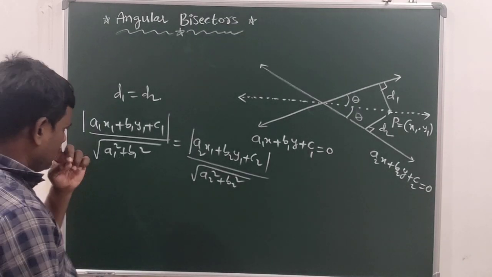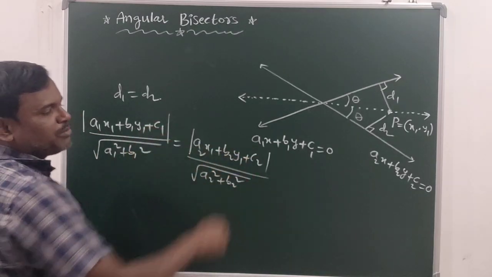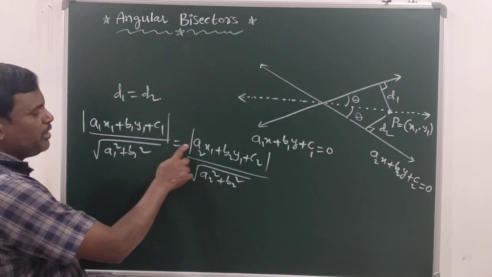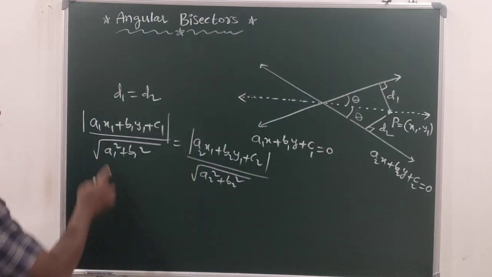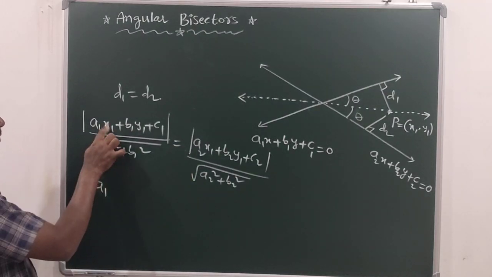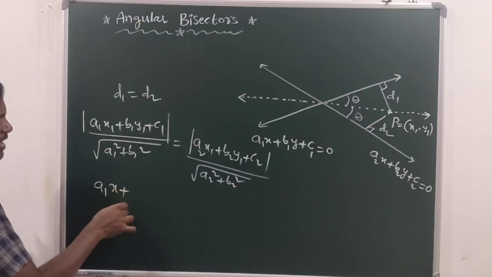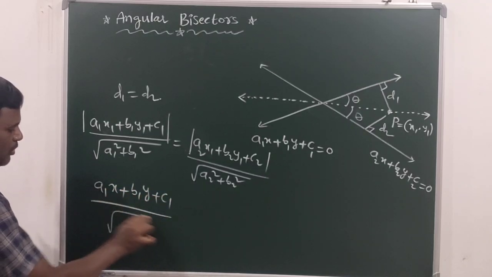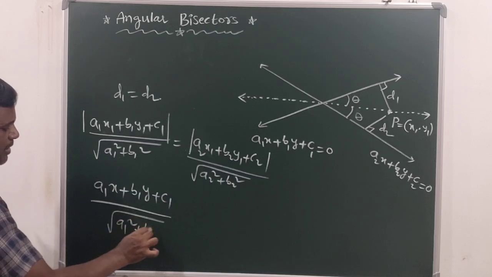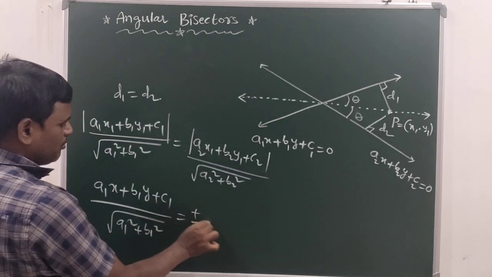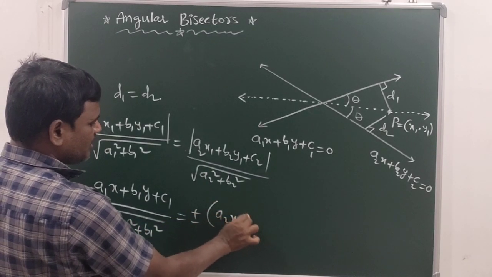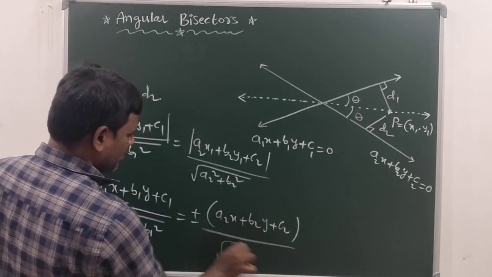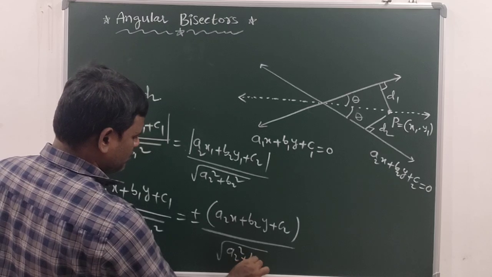And see, here both sides modulus symbol is there. So whenever you remove the modulus symbol on both sides, you would have to take plus or minus, you know that. See here, I am replacing x1 by x. a1x plus b1y plus c1 by root of a1 square plus b1 square is equal to plus or minus a2x plus b2y plus c2 whole by root of a2 square plus b2 square.